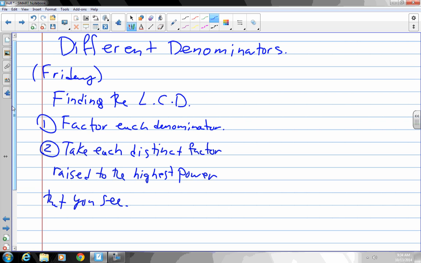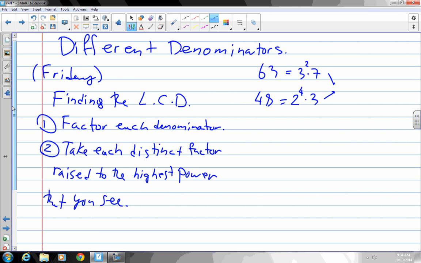This is what we did. We factored first, and we took all the highest exponents. Numerically, it looked like that. We broke 63 into 3 squared times 7. That's from Friday. Remember that? And then we broke 48 into 2 to the 4th times 3. So those were the prime factorizations of those two numbers.